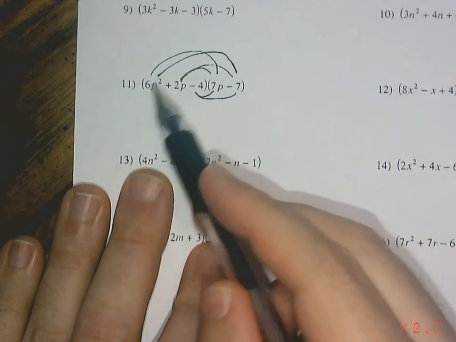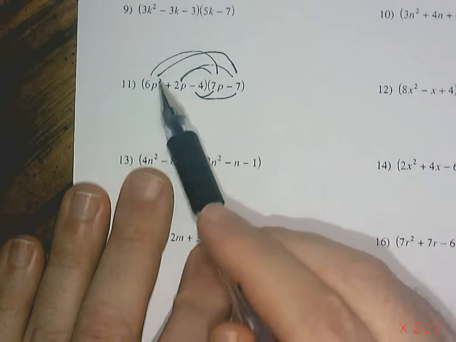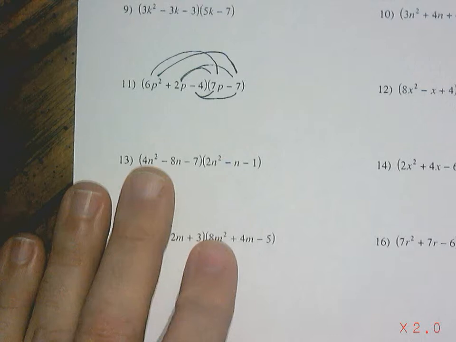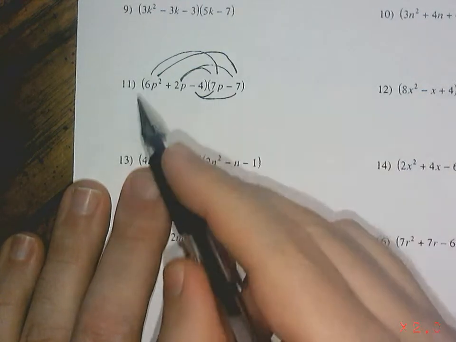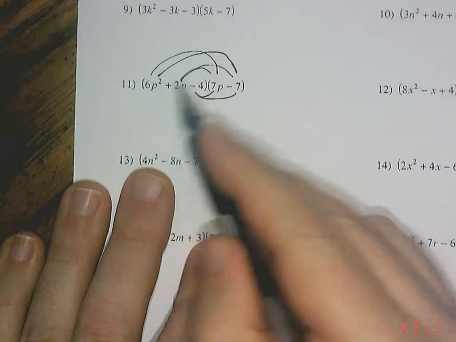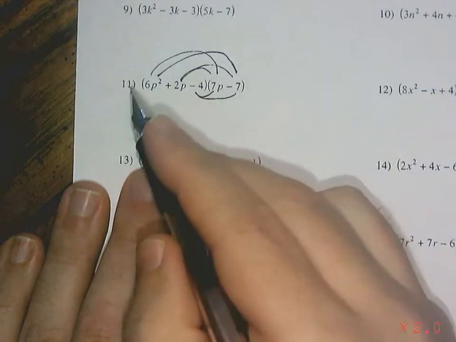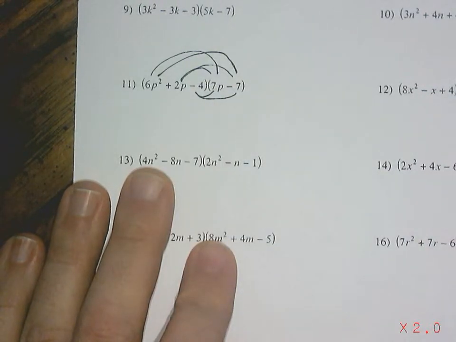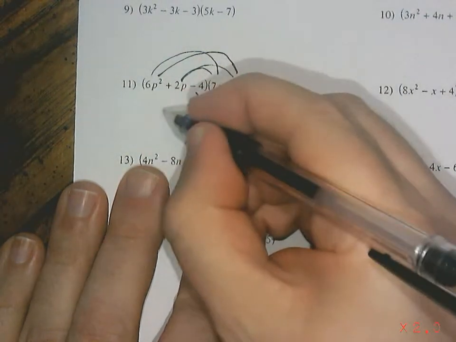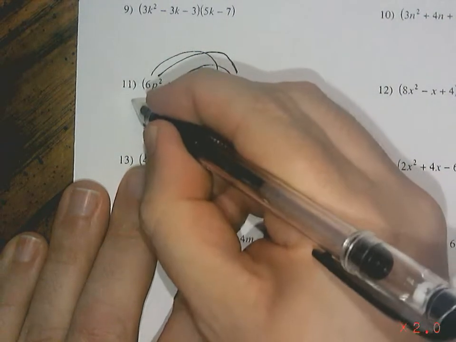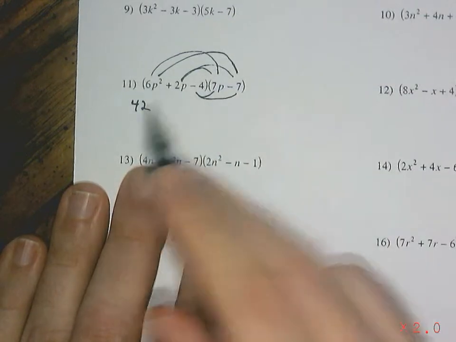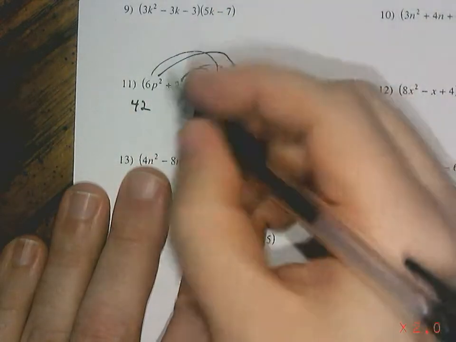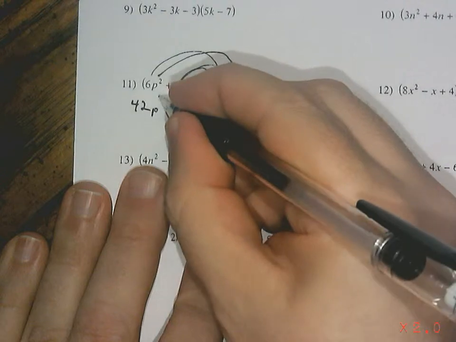So we'll start with the 6p squared. 6p squared times 7p. We couldn't combine these if we were adding, but since we're multiplying, we can, right? The coefficients multiply with each other. The p's multiply with each other. So 6 times 7 is 42. And then p squared times p is like 2 plus 1, which would be to the third power.